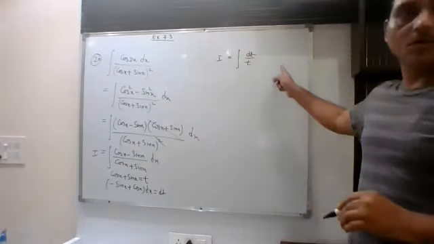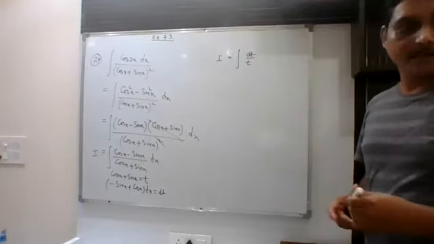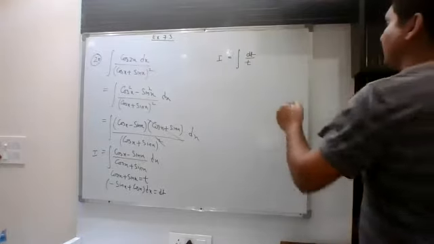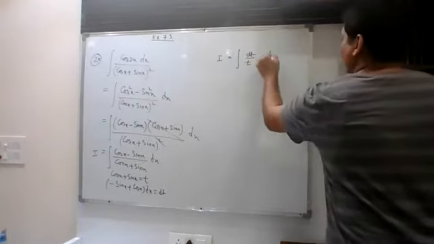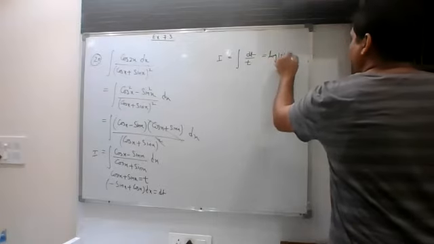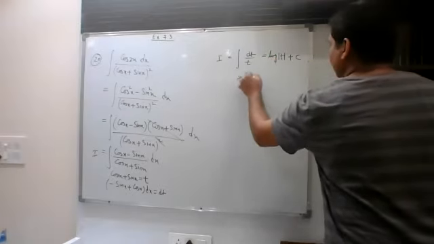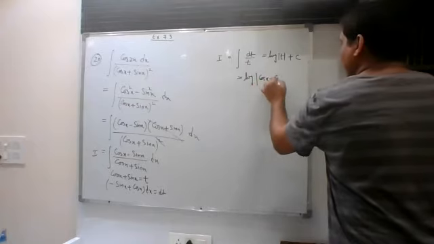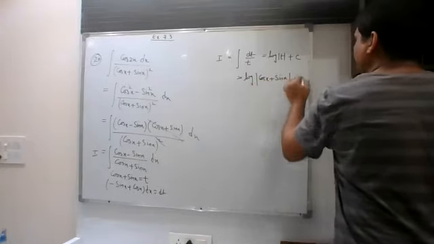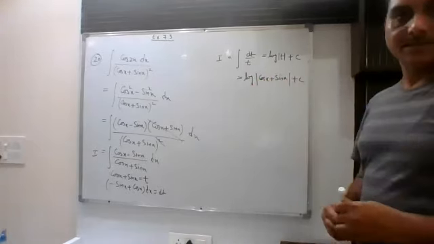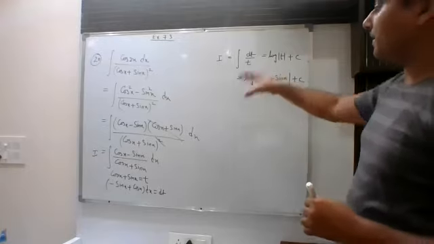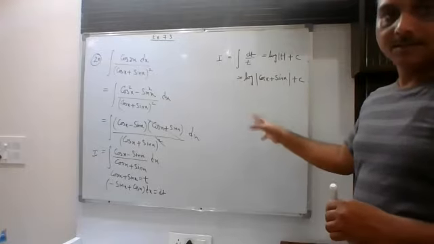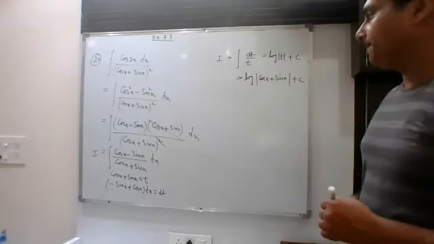Integrating this, it will be log of t plus c. Put the value of t: log of cos x plus sin x plus c. This will give us the final answer. This is how we are using those trigonometric formulas to solve such type of questions.